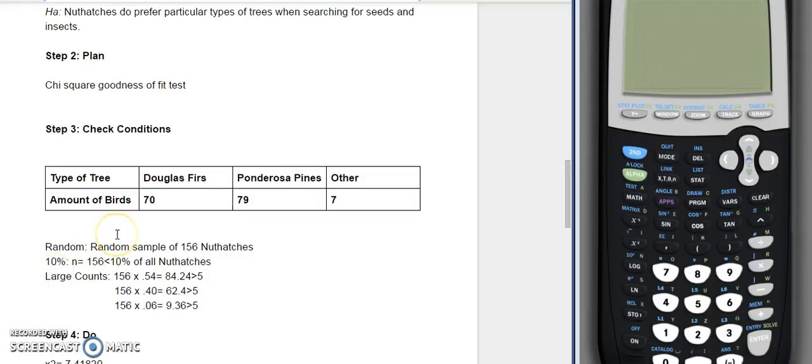The random condition was met when a random sample of 156 nuthatches was taken. The 10% condition was met because our sample size, n, 156, we can assume is less than 10% of all total nuthatches.